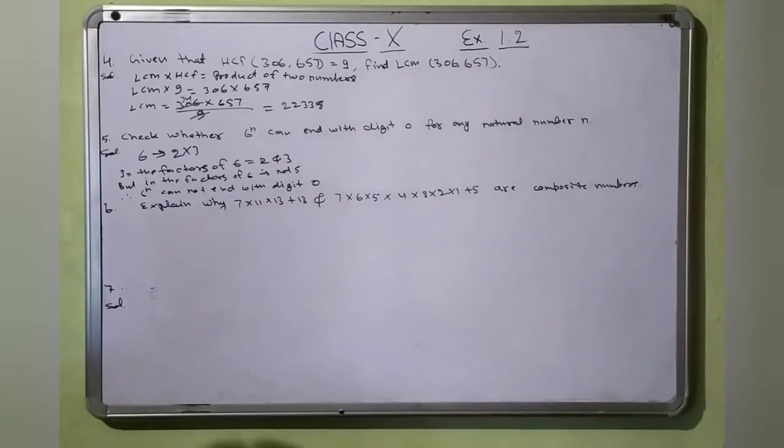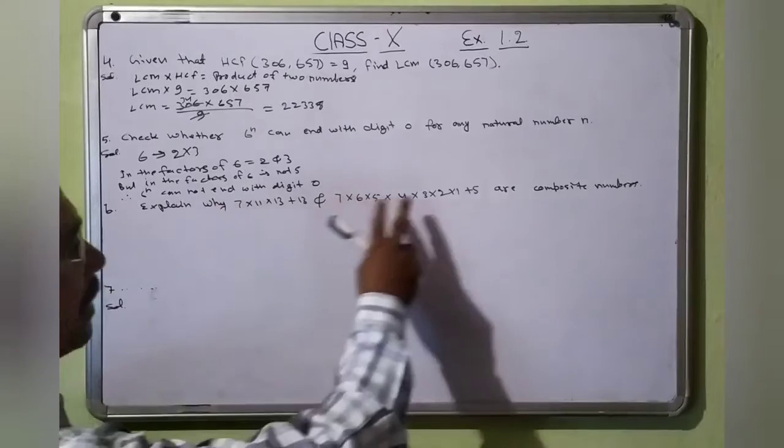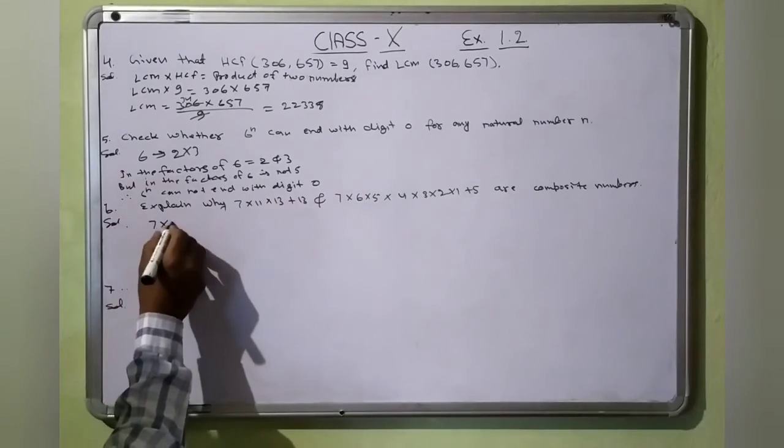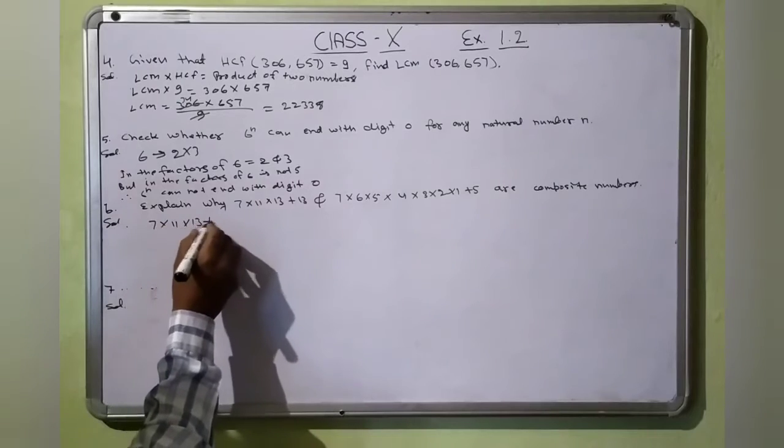Question number 6: explain why 7 multiply 11 multiply 13 plus 13 and 7 multiply 6 multiply 5 multiply 4 multiply 3 multiply 2 multiply 1 plus 5 are composite numbers. Here there are two parts, and I am doing only one part: 7 multiply 11 multiply 13 plus 13.